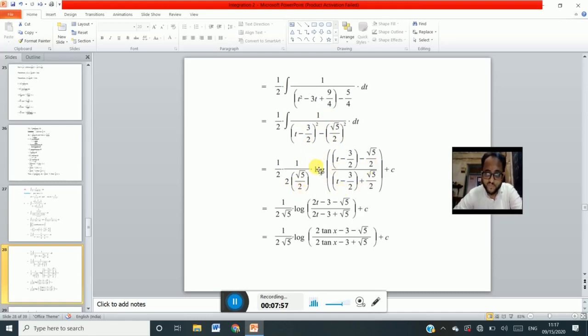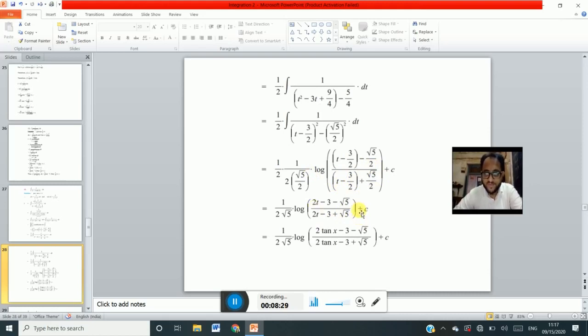So it is 1 upon twice a, meaning root 5 by 2, log of x meaning t minus 3 by 2 minus a meaning root 5 by 2, upon t minus 3 by 2 plus root 5 by 2, plus c. Then this 2 cancels, and here 1 upon 2 root 5, and log of, here cross multiplication is there, so twice t minus 3 minus root 5 upon twice t minus 3 plus root 5, the 2 cancels.